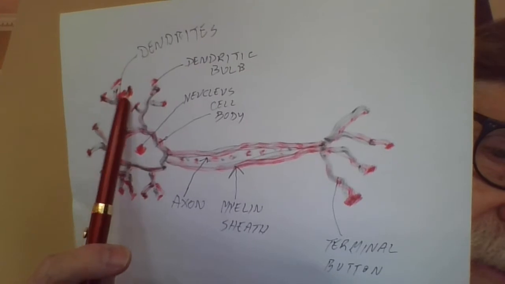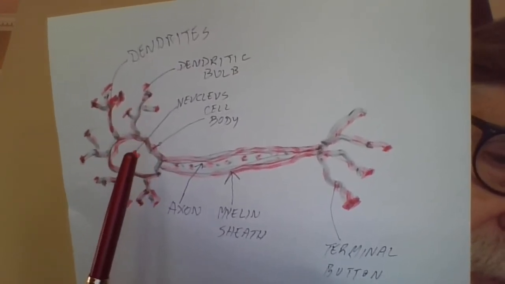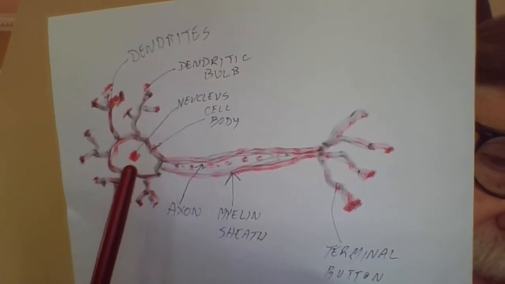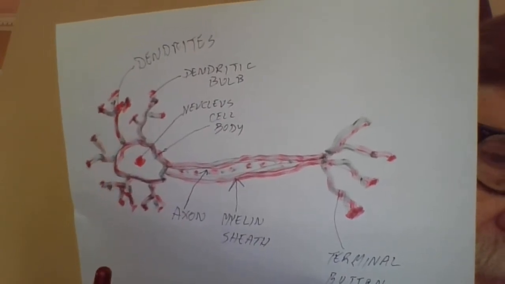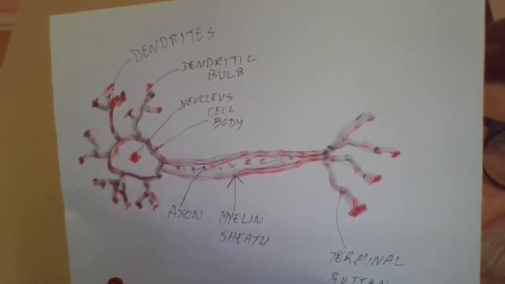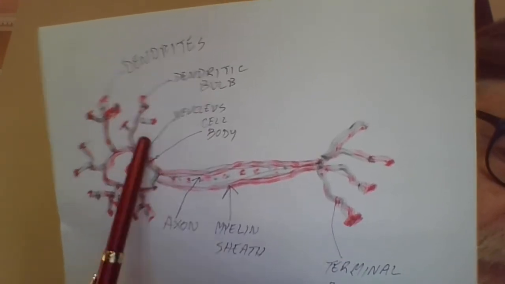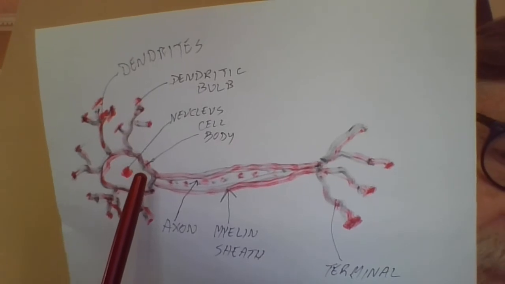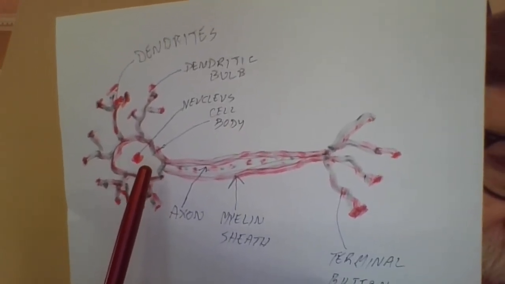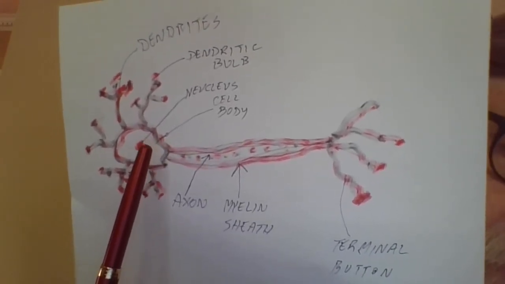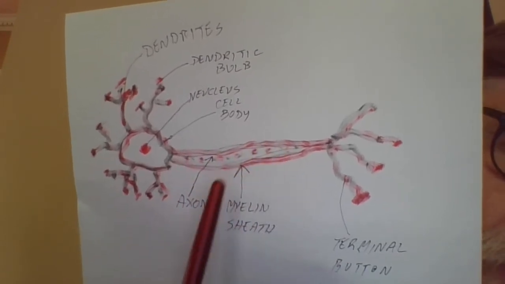So the dendrites take in the message, they move it through the cell body with the nucleus, the brain of the cell. Then the cell decides whether it's going to send along the information or not. And this is an electrochemical process. Every chemical compound has a unique electrical signature, and so based on the chemical electrical signature, because it's an electrochemical process, the nerve cell decides what electrical impulse to send along the axon.